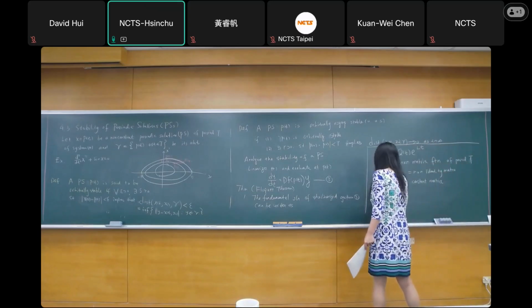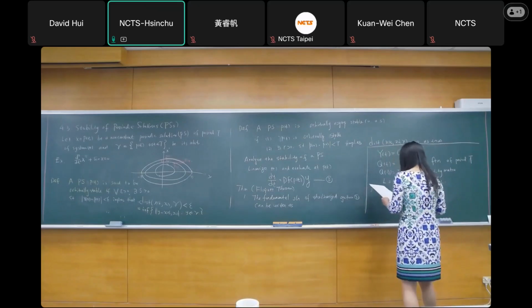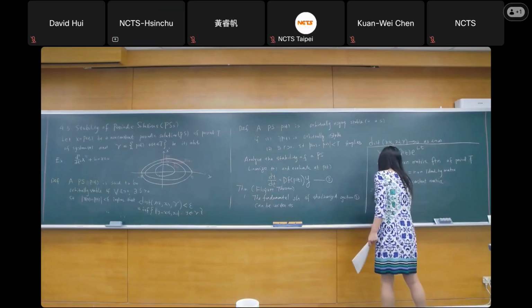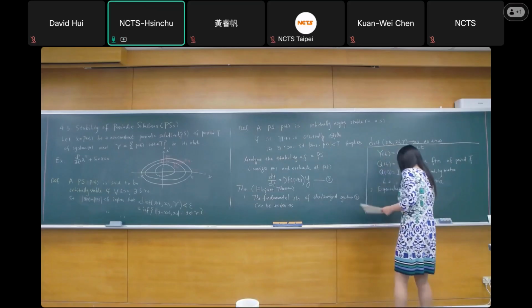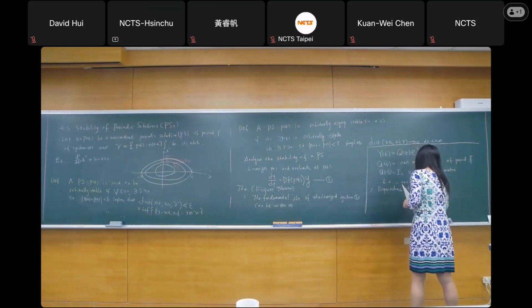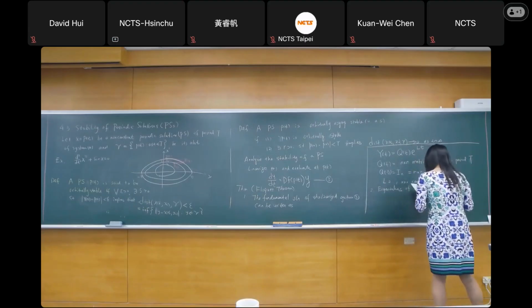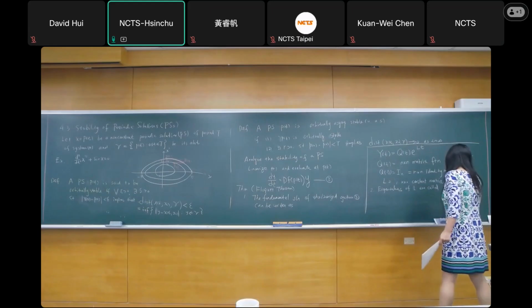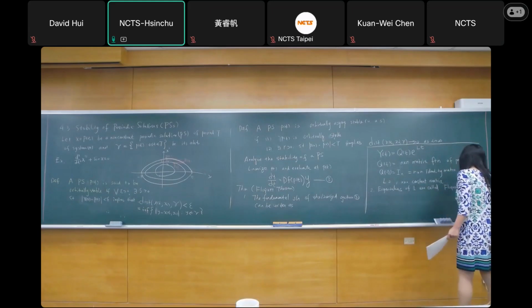For that, we need to introduce some notation. I'll put the notation here. The eigenvalues of L we call Floquet exponents.